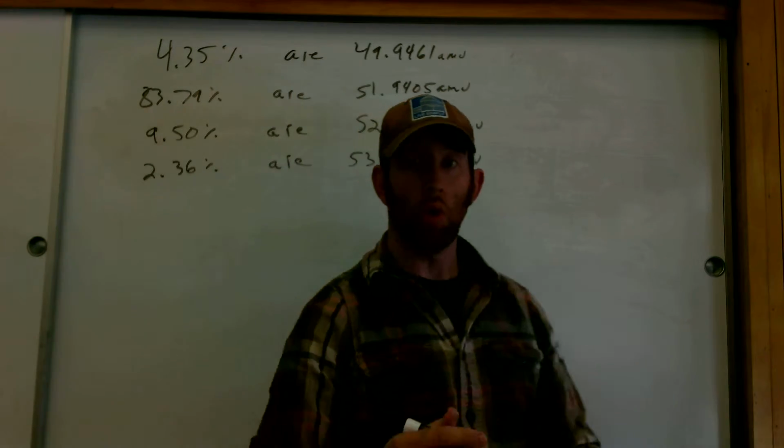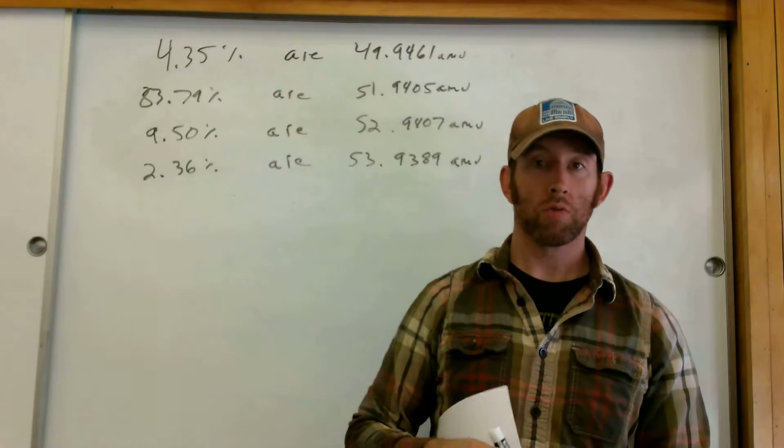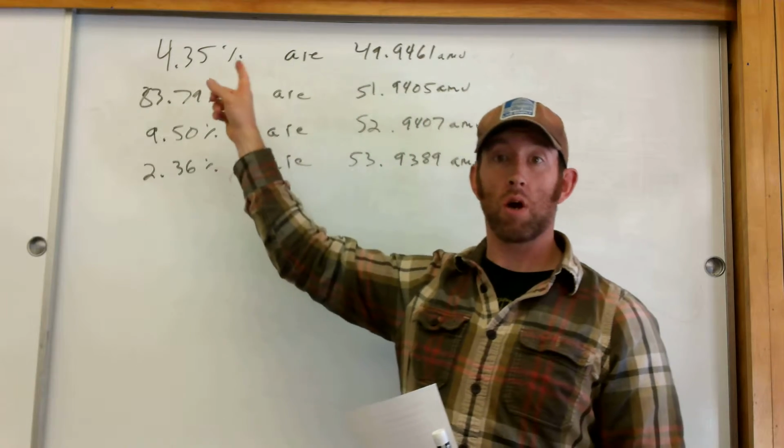All right, so those are our values, right? Our AMUs are our masses. These are our percent abundance.